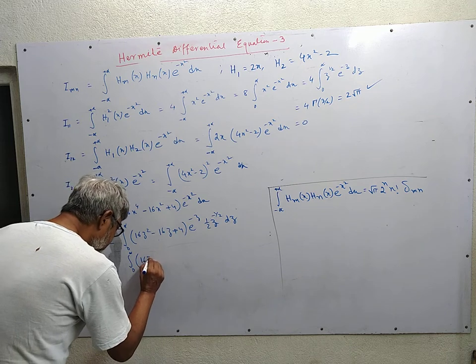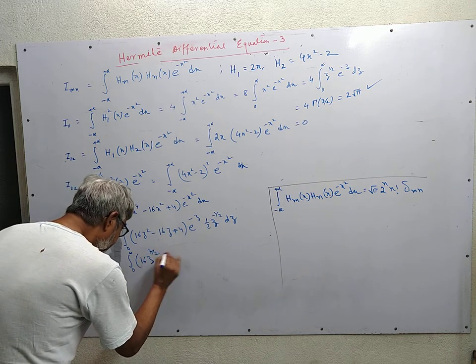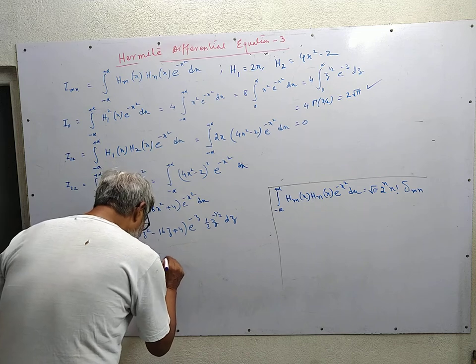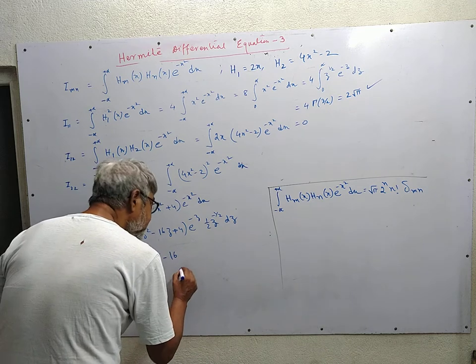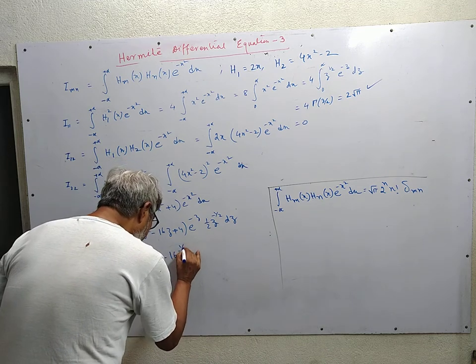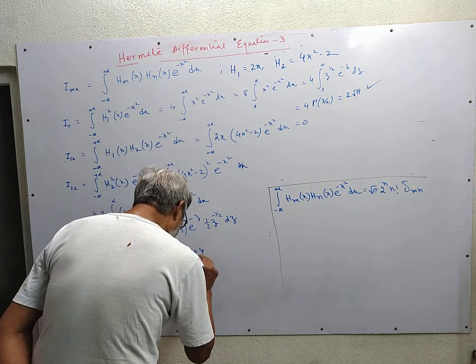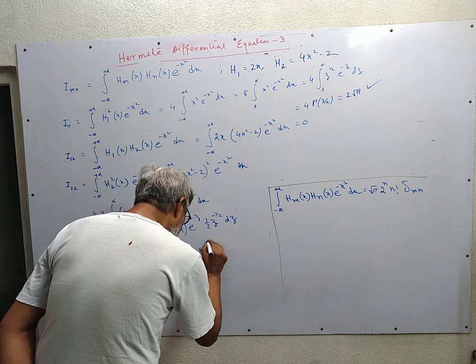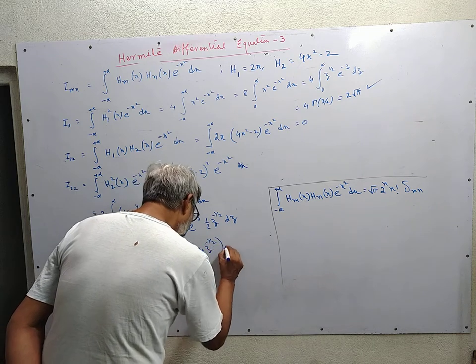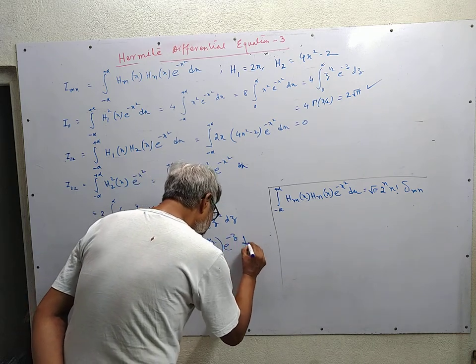the integral of 16 z to the power 3 by 2 minus 16 z to the power half plus 4 z to the power minus half, times e to the power minus z dz.